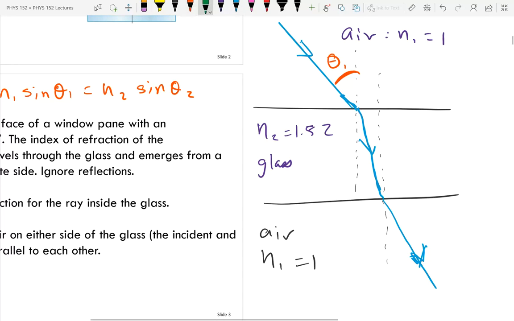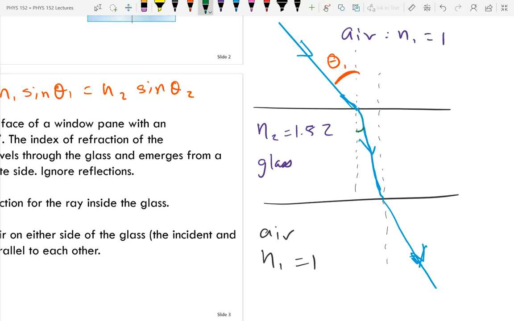Okay, what about theta 2? Theta 2 is the angle of refraction. What's that going to be between? It's never the surface. It's always the angle between the normal to the surface and the light ray.